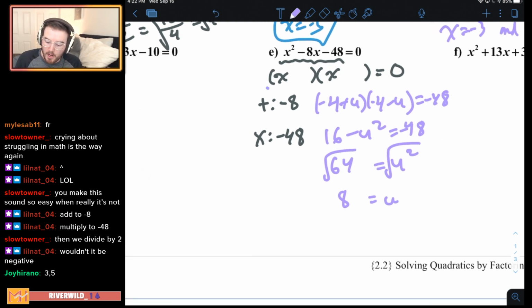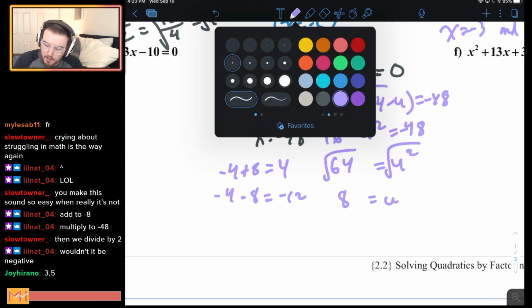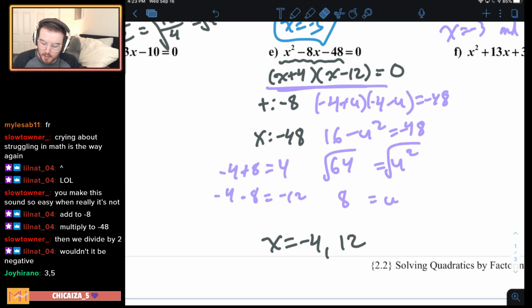So again, we were on the hunt for my two factors up here. Well, we just found them. Negative 4 plus 8 and negative 4 minus 8. So we've got 4 and negative 12. So our two solutions in the end are negative 4 and positive 12.